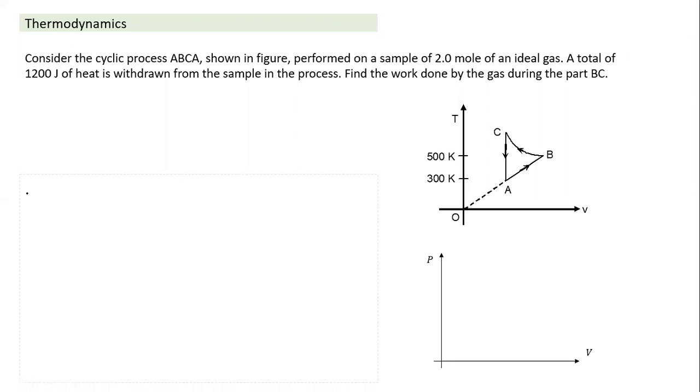It says that for the whole cycle, heat is withdrawn, so delta Q is negative. Delta Q for the whole cycle is equal to minus 1,200 joules. So this much heat is taken away. What will happen in terms of work done? Since for a cyclic process work done is equal to delta Q, this also is negative. Basically, work is done on the gas.